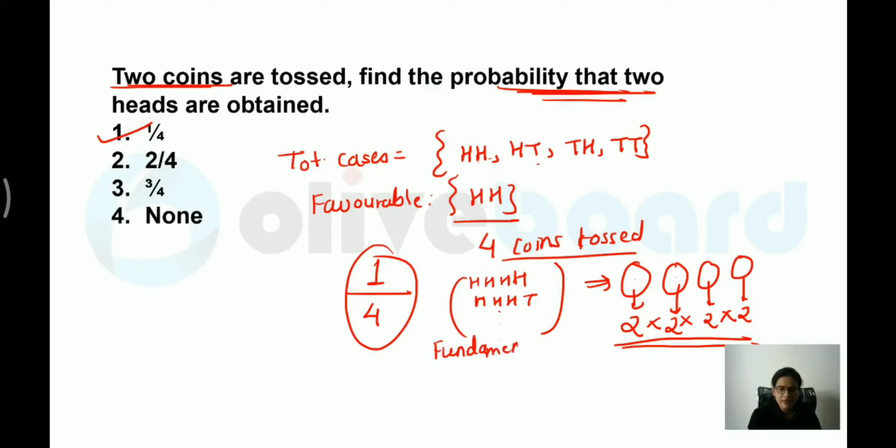Whenever events are occurring simultaneously, you always multiply all the possible values. So here the total values would be 16. If I ask you the probability of getting all heads in this case, your answer would be 1 by 16. So please remember how to calculate the total number of cases.